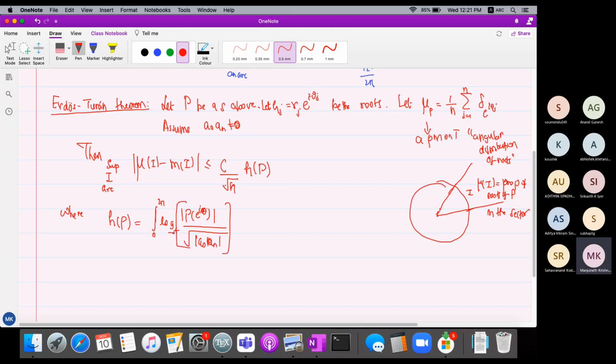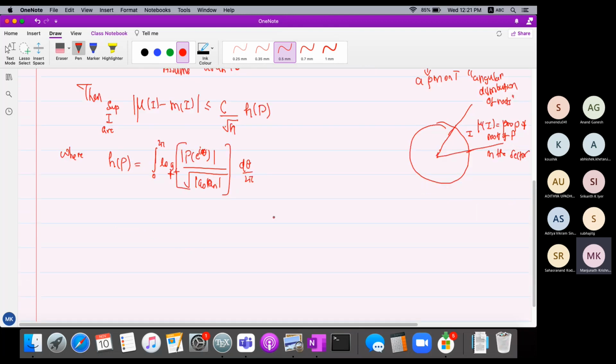Log plus is the positive part of the logarithm. And dθ over 2π, so this is a measure. So this measures the size of p on the unit circle.